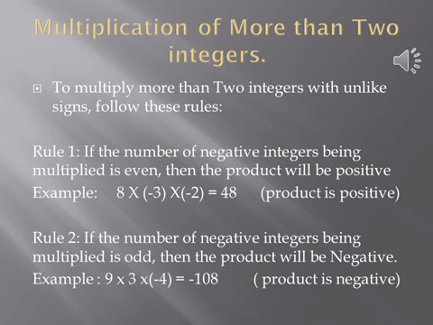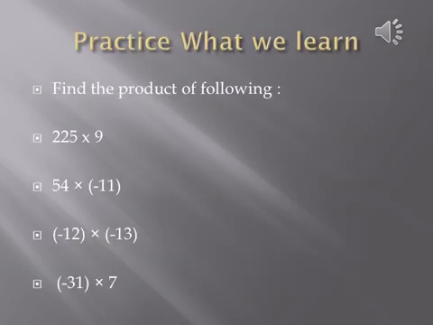If the number of negative signs is even, then the product will be positive. But if the number of negative signs is odd, then the product will be negative. It's time to practice what we learn.